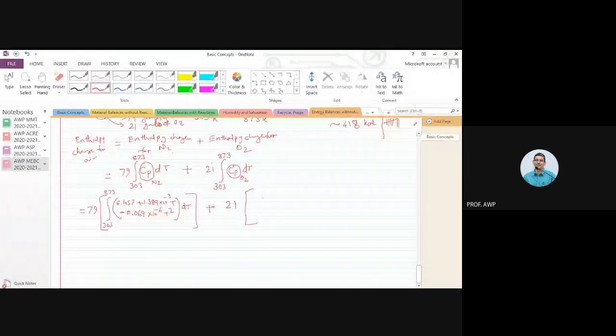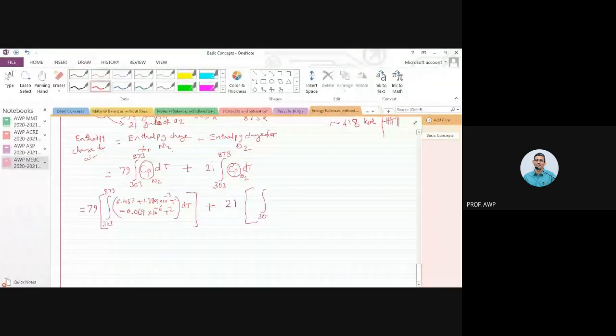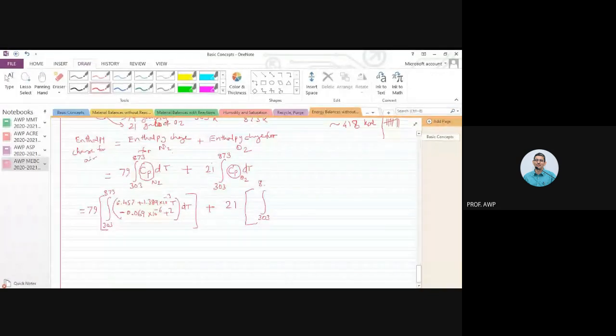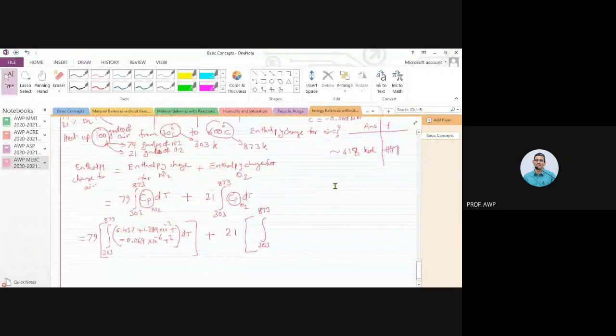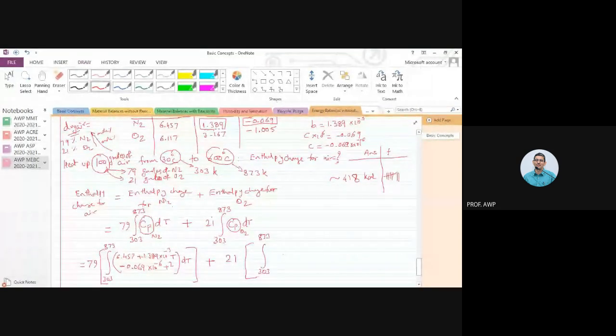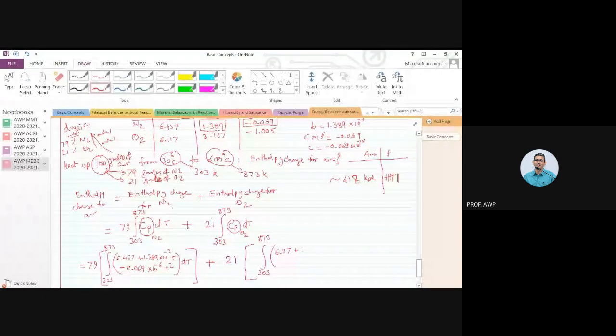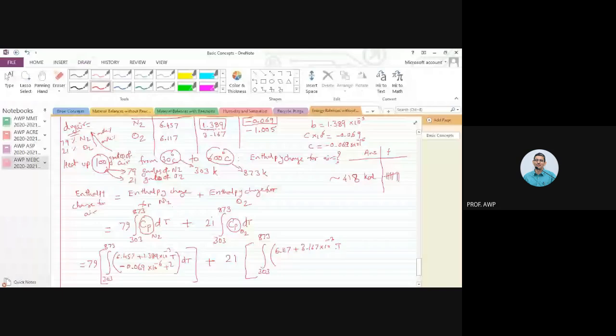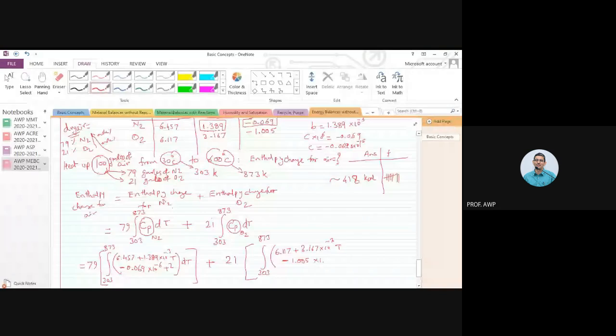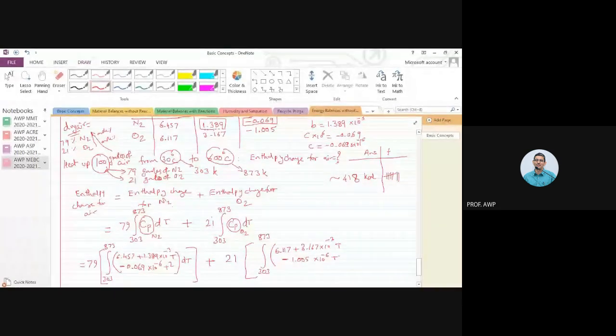multiplied by integration of Cp from 303 to 873, and the Cp expression for oxygen is 6.117, that is A, plus B is 3.167 into 10 raised to minus 3 T plus C, and C happens to be minus 1.005 into 10 raised to minus 6 T square.